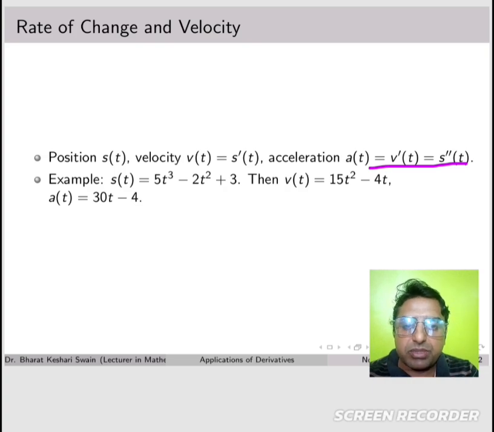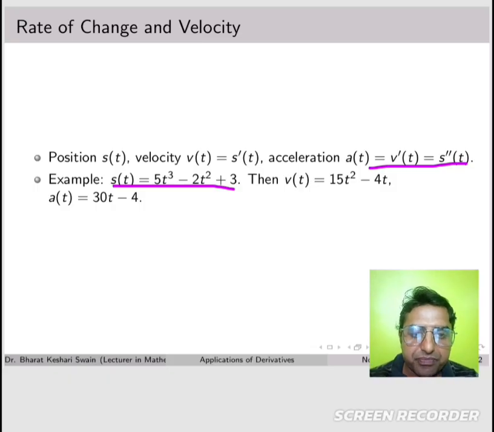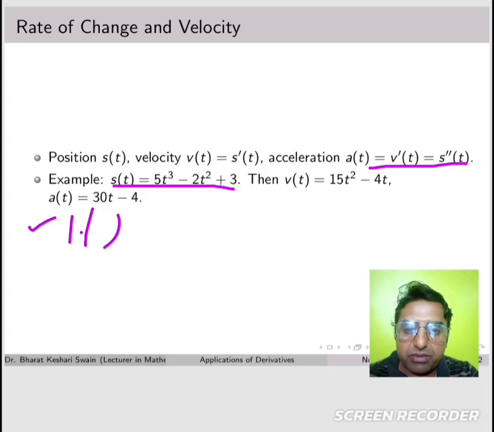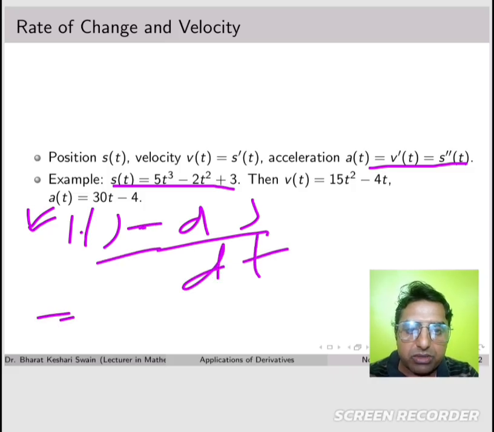For example, suppose s of t is given by 5t cube minus 2t square plus 3. Then what will be v of t? We know that v of t is ds by dt, so we differentiate only with respect to time. That means d by dt of 5t cube minus 2t square plus 3.